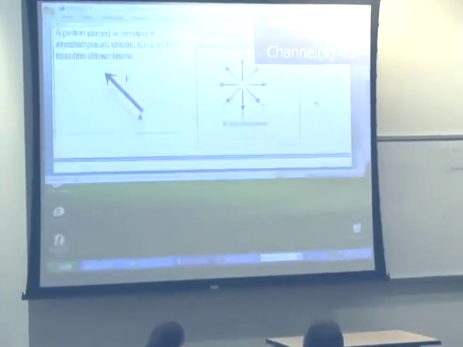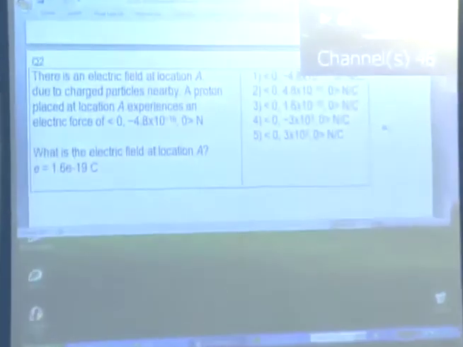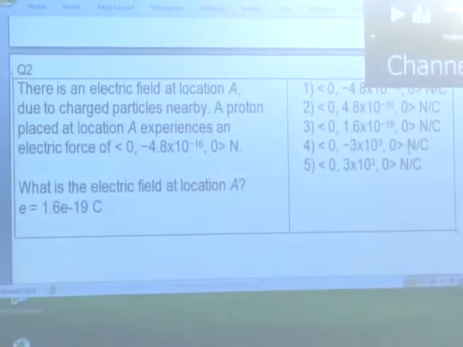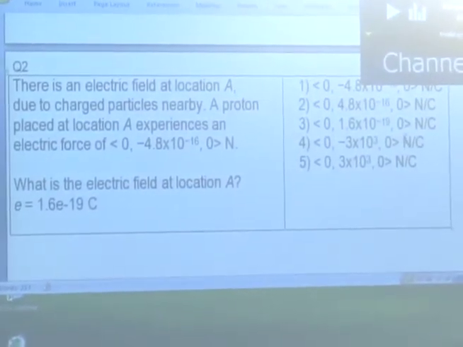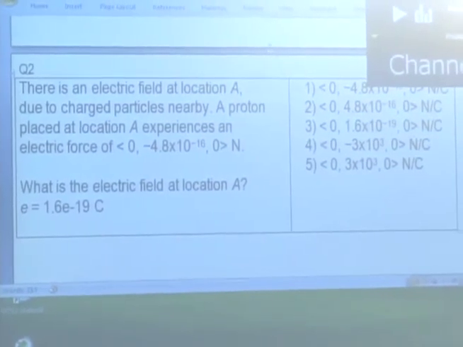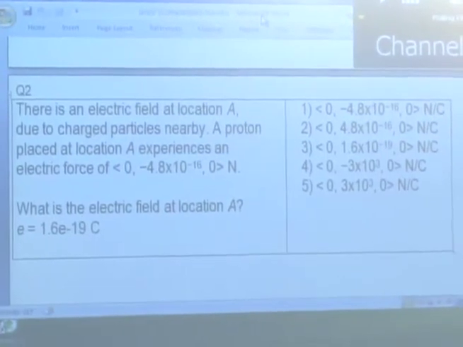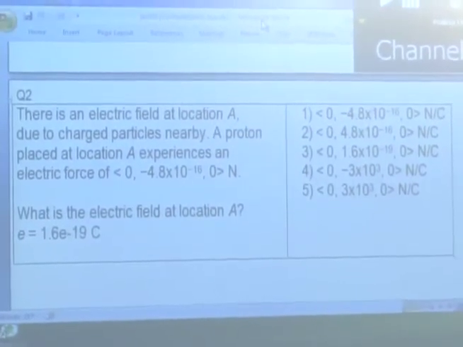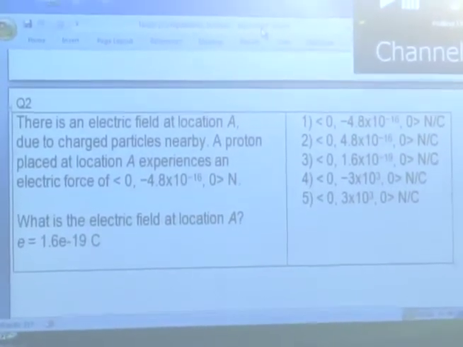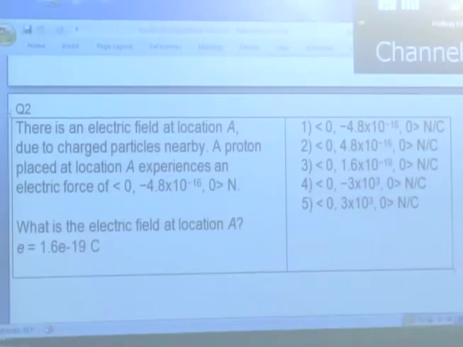Let's try a numerical example. There is an electric field at a location A due to some charged particles nearby. And you place a proton at A, and it experiences an electric force of <0, -4.8 times 10 to the minus 16, 0> newtons. What's the electric field at location A? So the proton's charge is, again, positive e, little e, 1.6 times 10 to the minus 19 coulombs.